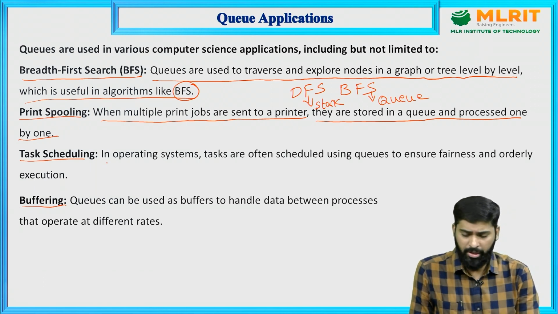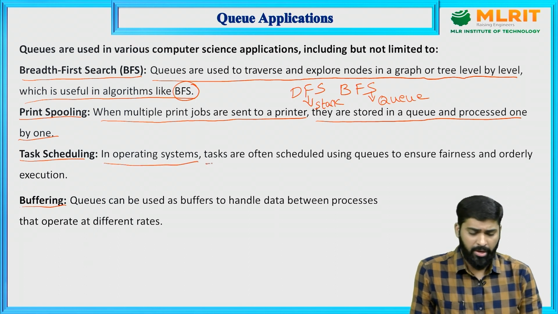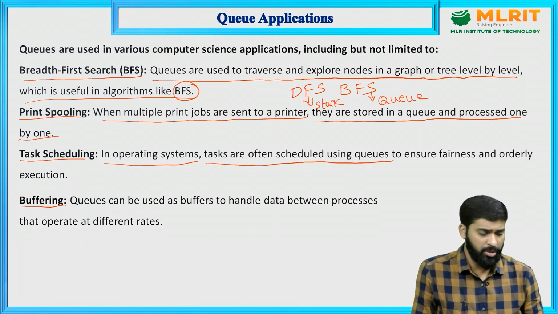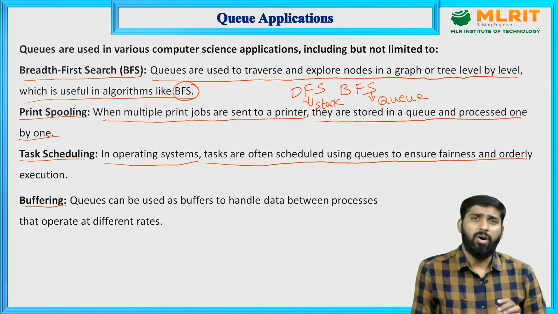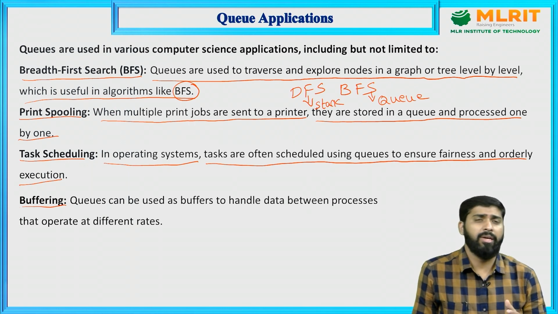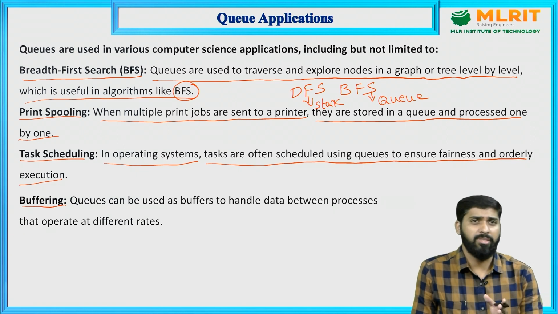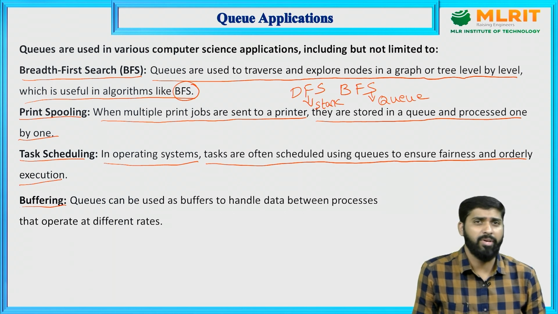In an operating system, tasks are often scheduled using queues to ensure fairness and orderly execution. What it means is, if you allocate more than one task to a processor, this processor can execute them based on first in, first out. So the first task in is going to be completed first.